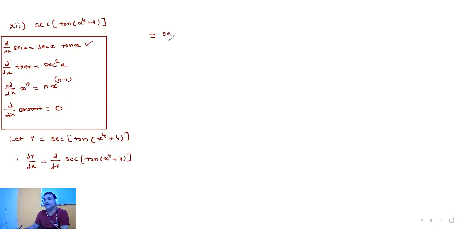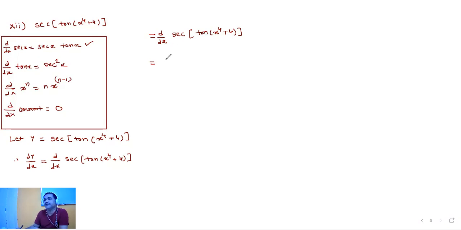Let's write down the step first, so it is moving in front of your eyes. So we'll write the step once again: sec of tan of x raised to 4 plus 4. Now this is equal to sec of f of x, the derivative of sec x is sec x tan x. So sec of f of x, tan of f of x, and the derivative of f of x we will take.